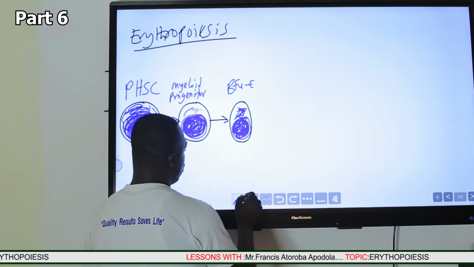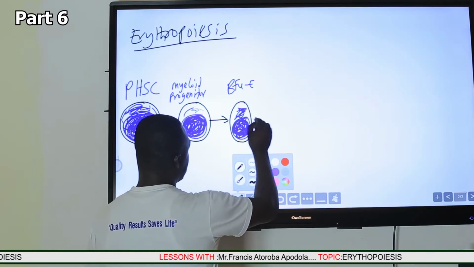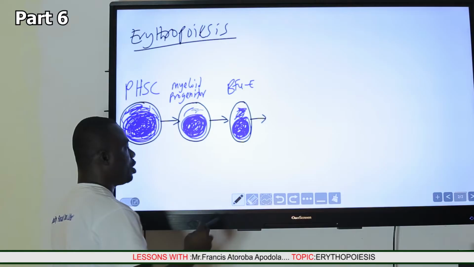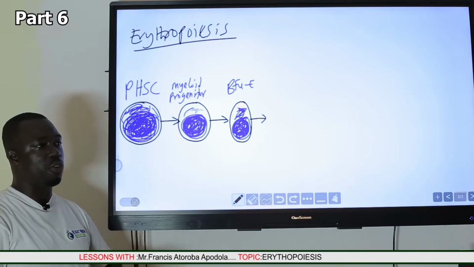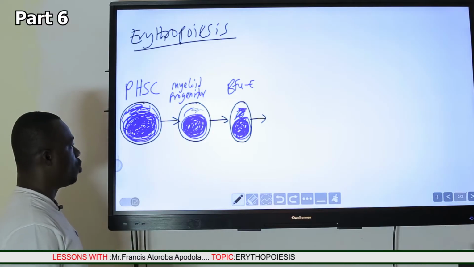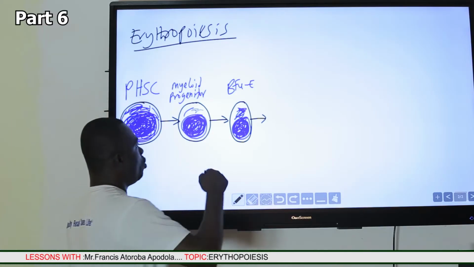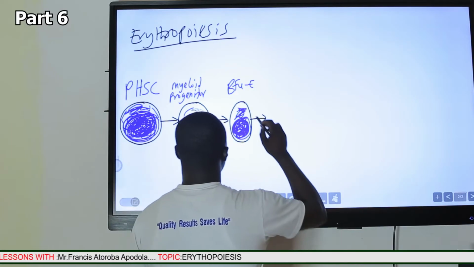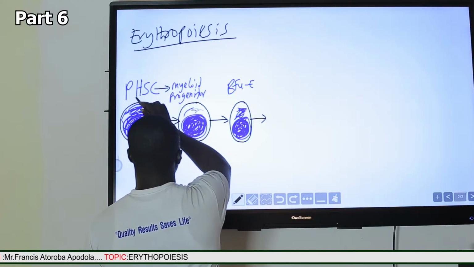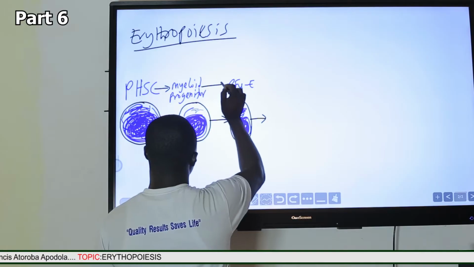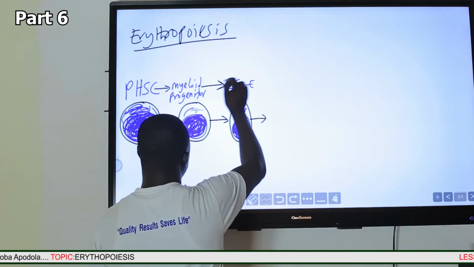The burst-forming unit erythroid, as mentioned earlier, consists of colonies of erythroid lineage. Remember that colony refers to a group of hematopoietic stem cells. So the pluripotent hematopoietic stem cell gives rise to the burst-forming unit erythroid.